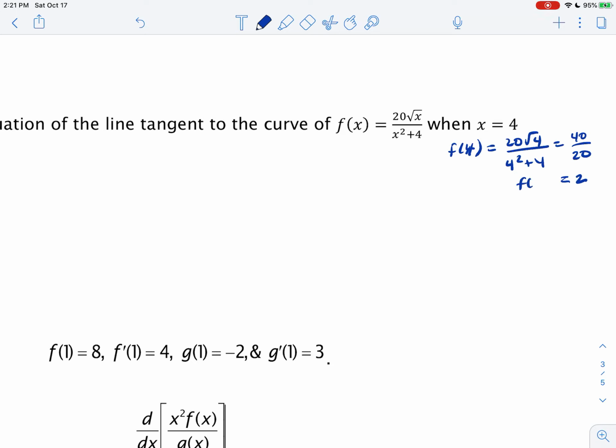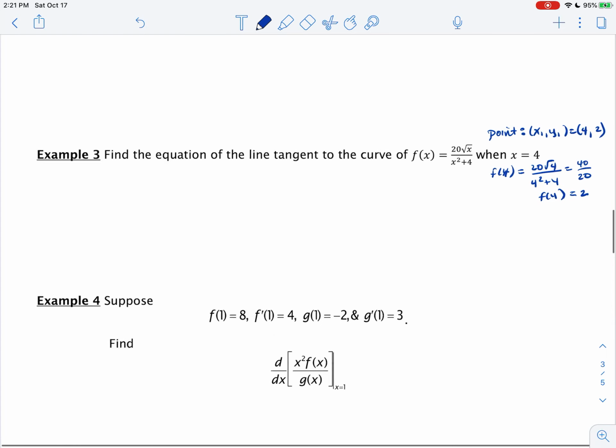So our point for our equation of the tangent is going to be x1, y1 equal to 4, 2. Good? So that's our first step, is what's our point?